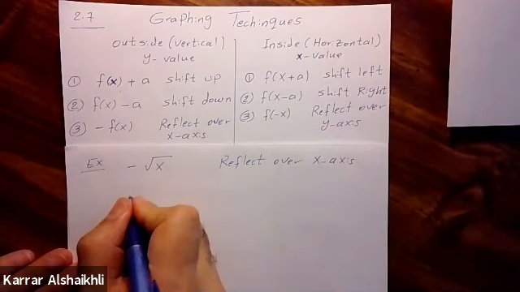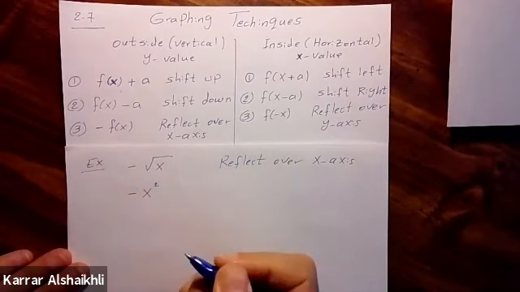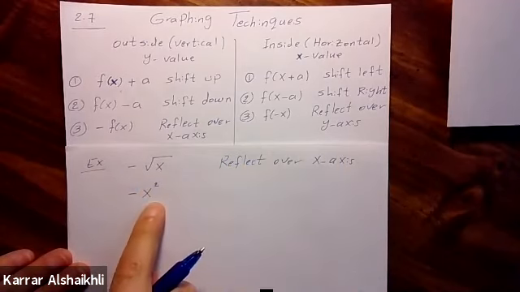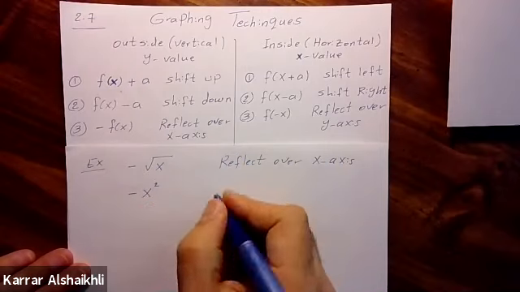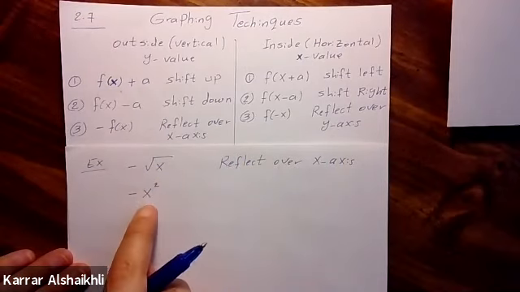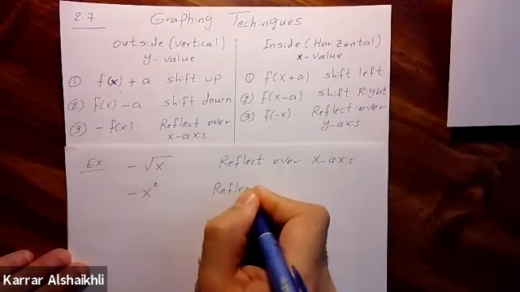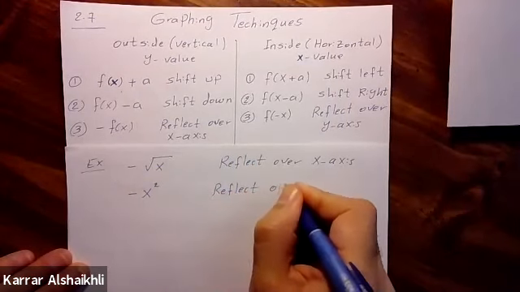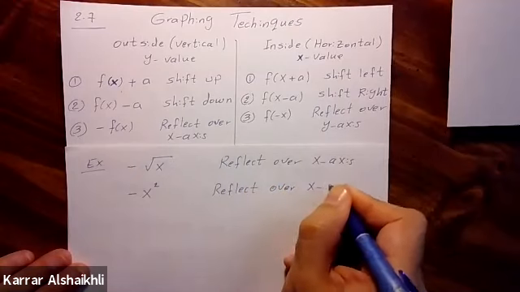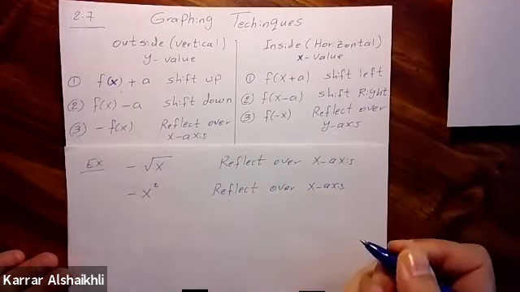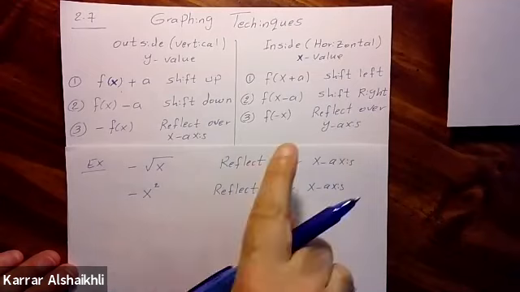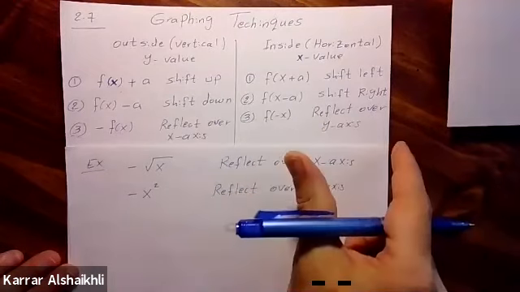Another example, if we have negative x squared. So the negative is outside the parent function. So it's going to be reflect over the x-axis. The same thing with the other technique, the horizontal technique.